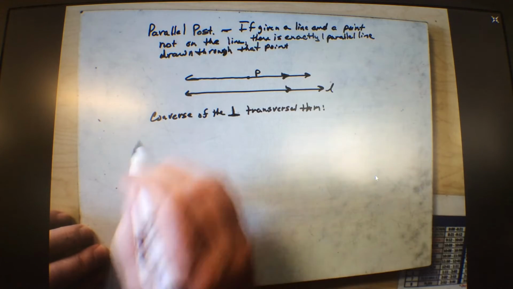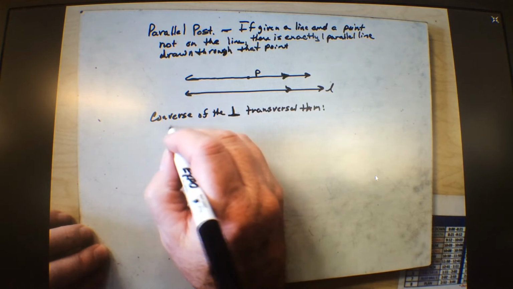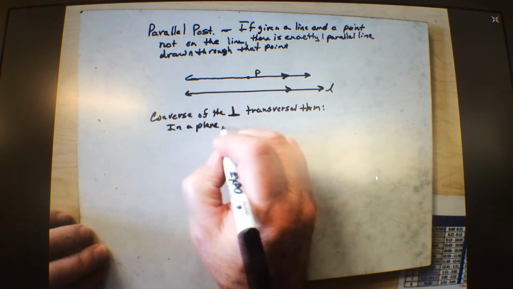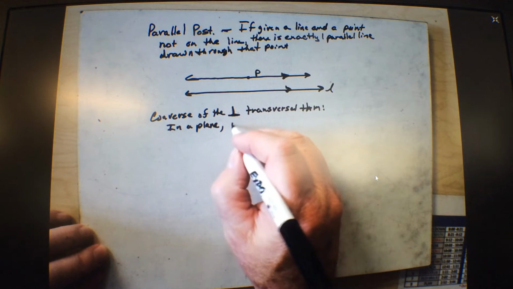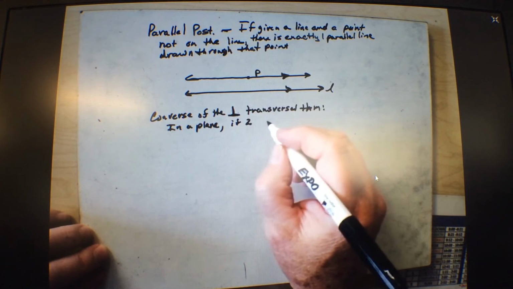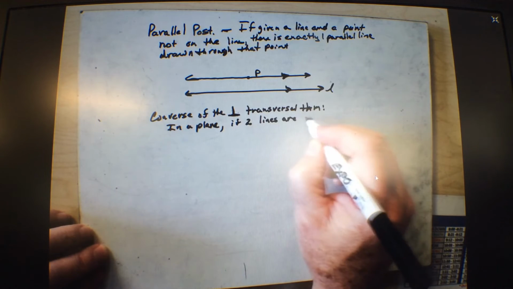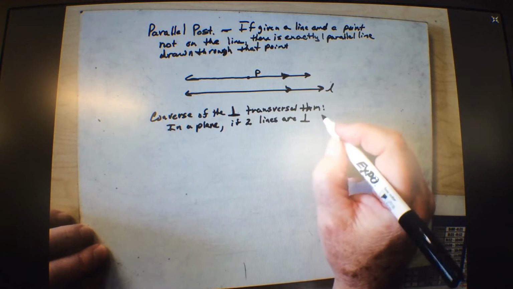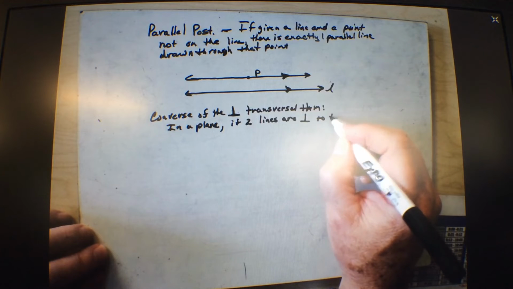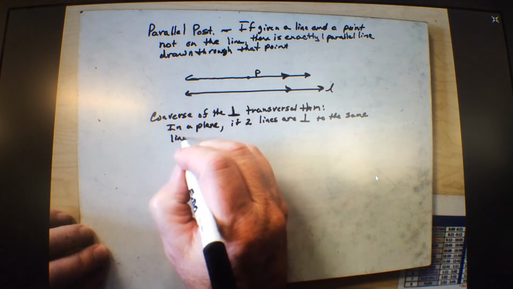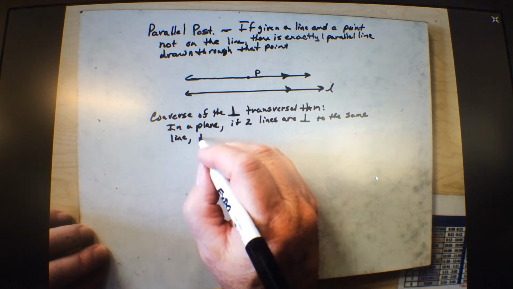All right, and it says, in a plane, not in space, in a plane, if two lines are perpendicular to the same line, then they are parallel.